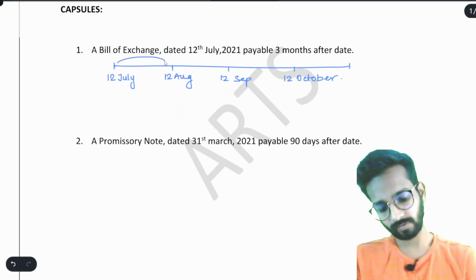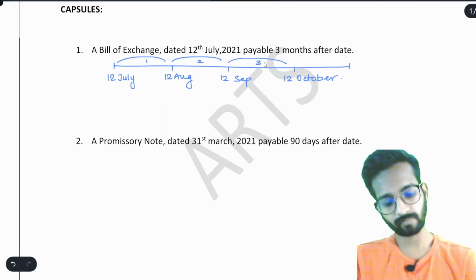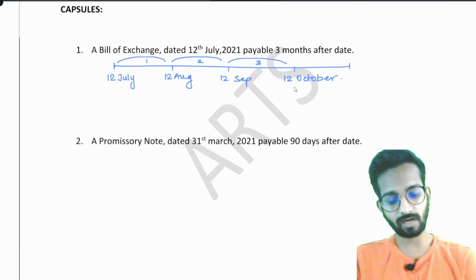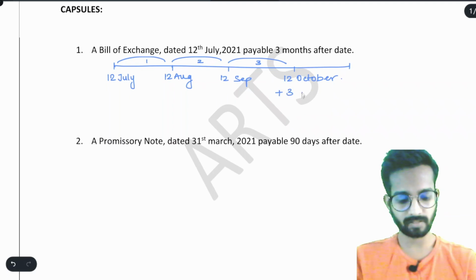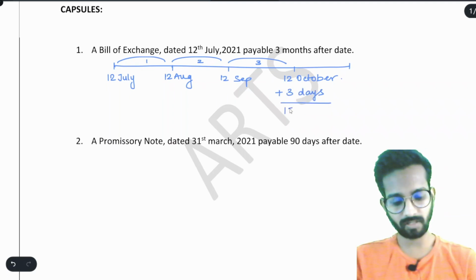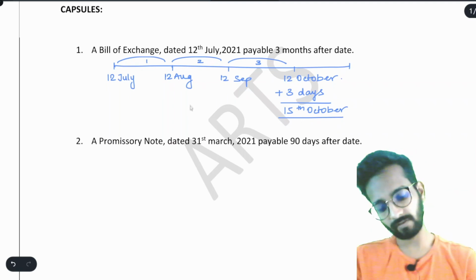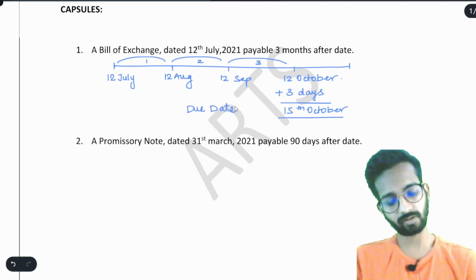Simple. First month, second month, third month, 12th October. Now after 12th October, what were we supposed to add? We were supposed to add 3 days of grace, plus 3 days, and your bill is due on 15th October. Simple enough. So the due date is 15th October.